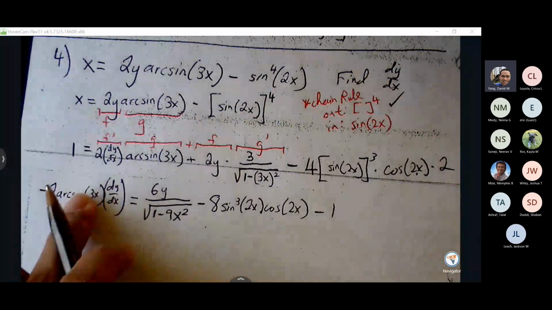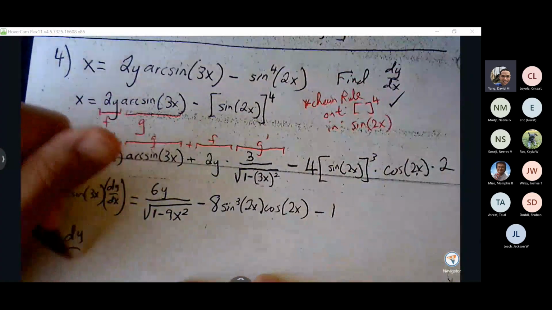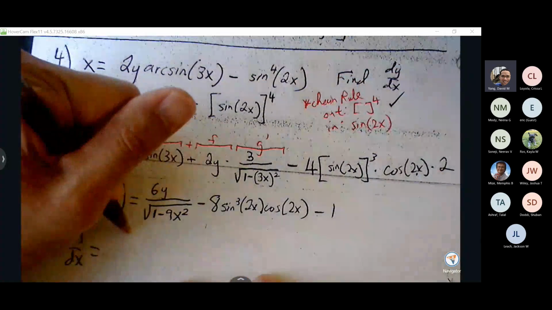Final step, divide that negative 2 arc sine 3x over to the right side. It's not pretty, but as long as we get dy/dx by itself, that's all we really care about.